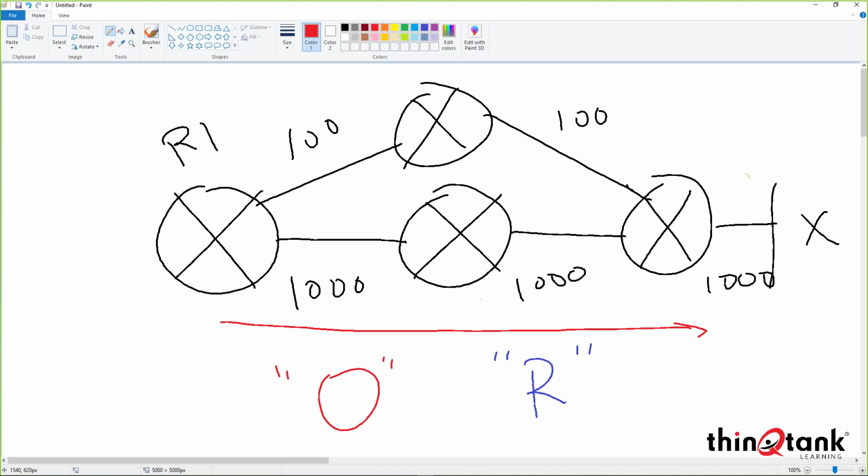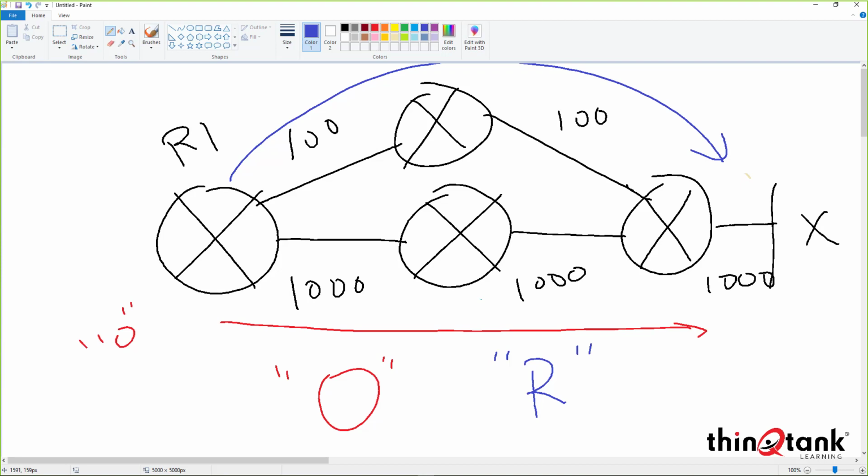So the faster the link, the lower the cost. The lower the cost, the better the metric, so we choose that path. So router 1 is going to have an OSPF route that chooses that path. RIP is going to choose this path.